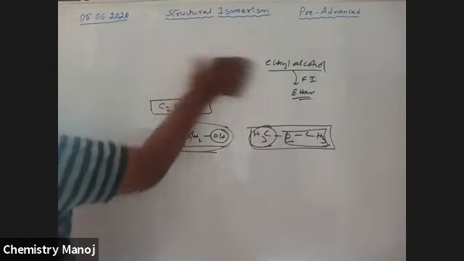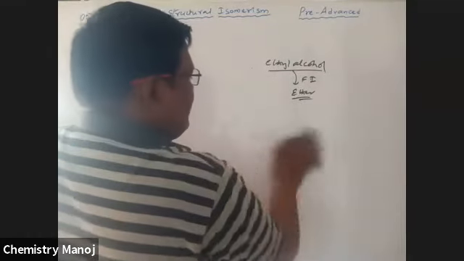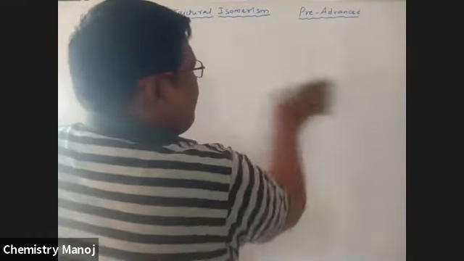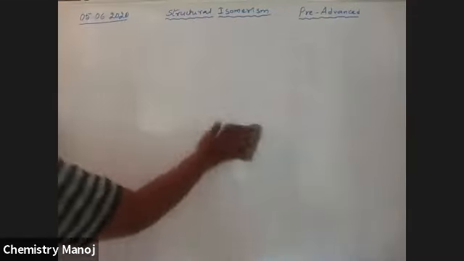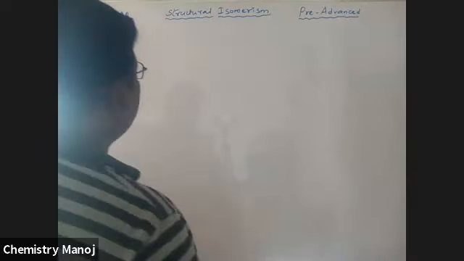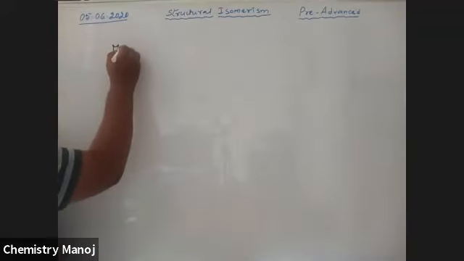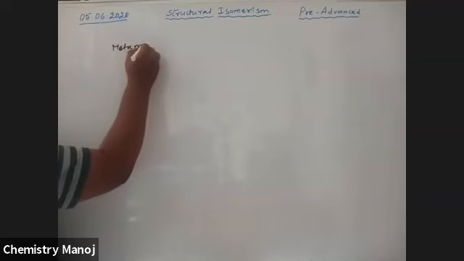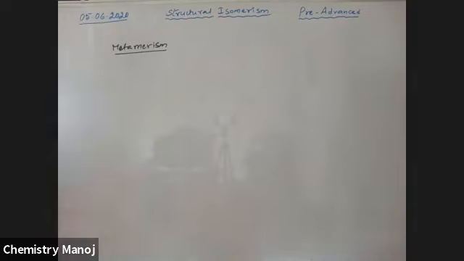Now the next type of isomerism is metamerism. What is metamerism? It is one type of isomerism.